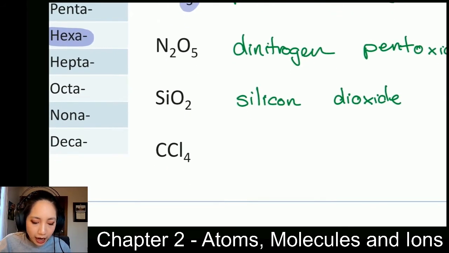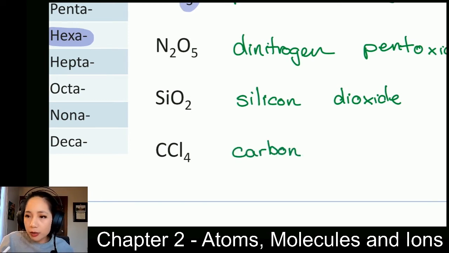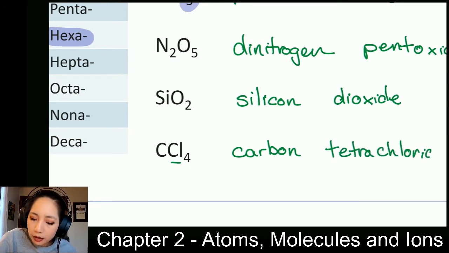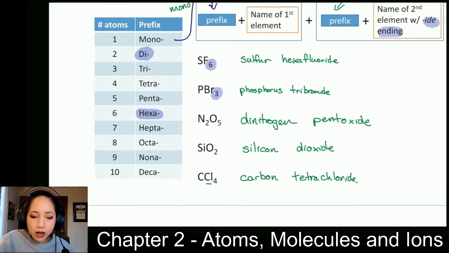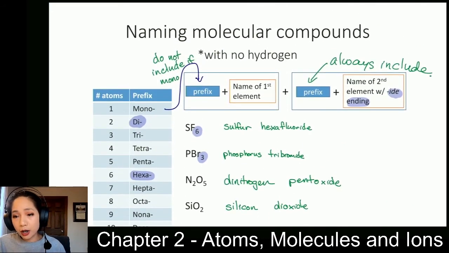All right, and our last one here, CCl4. Our first element is carbon, 1 carbon, so not monocarbon, just carbon. Then we have chlorine, our second nonmetal. Chlorine becomes chloride. There's 4 of them, so it's tetrachloride. So always remember, in molecular naming, you do indicate the number of atoms present.